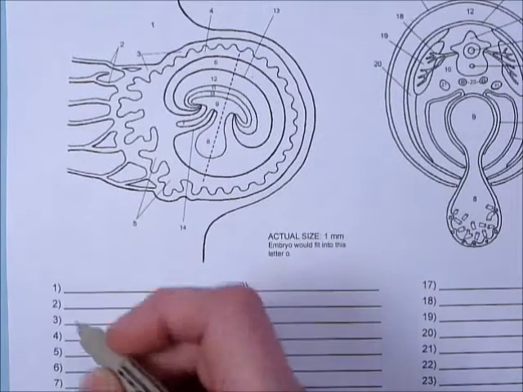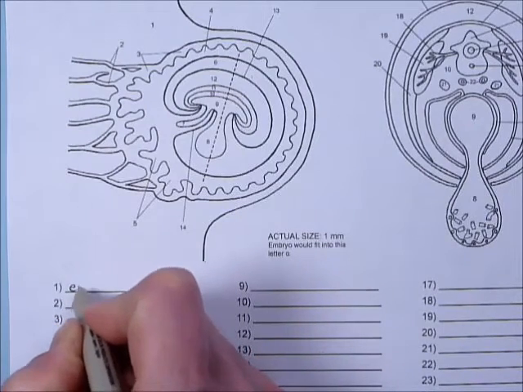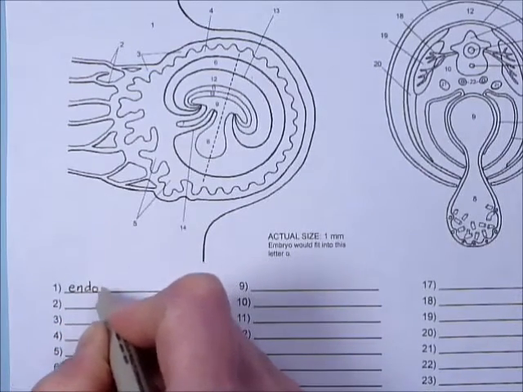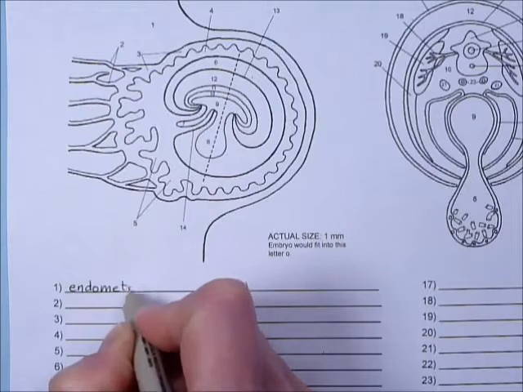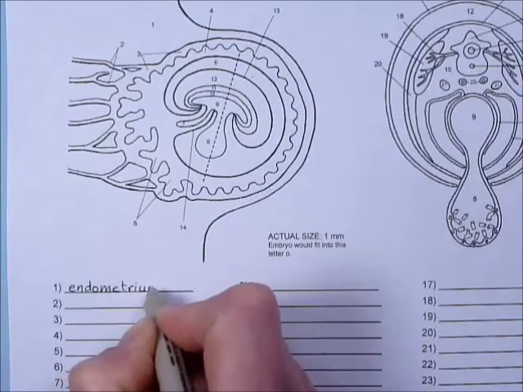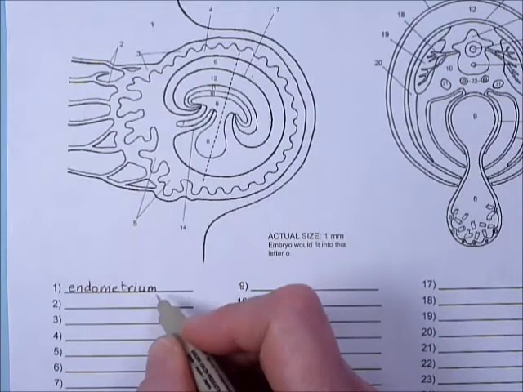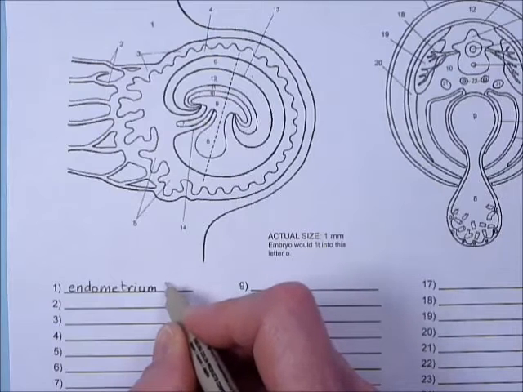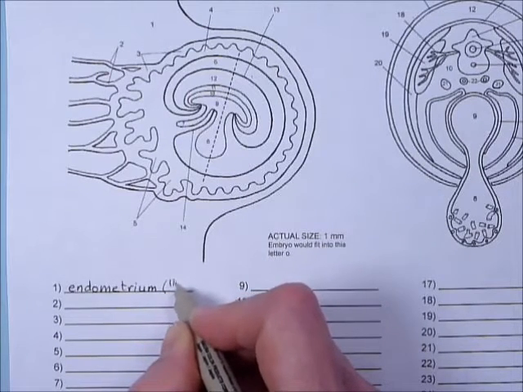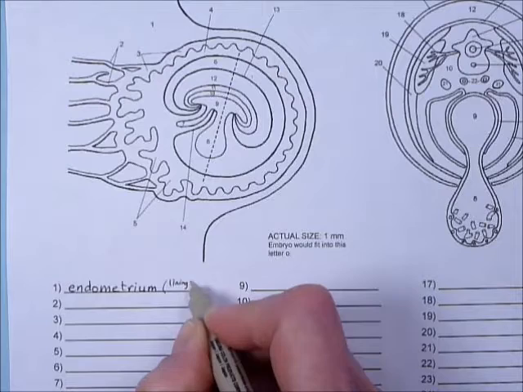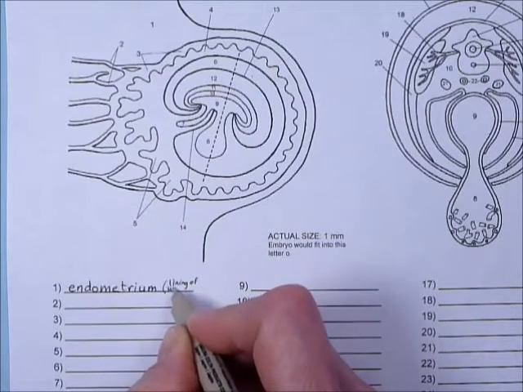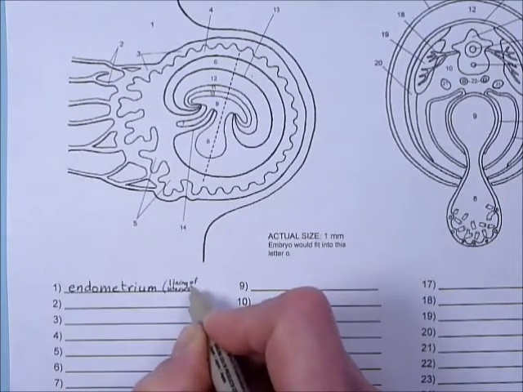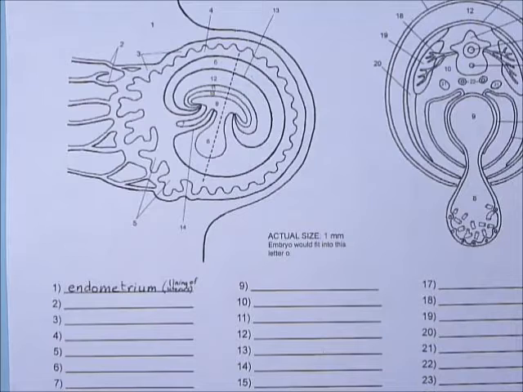So on line 1, let's write endometrium. If you can't remember the word endometrium, you might want to add in parentheses lining of uterus. But if you have that word down and you know what it means, then you don't need the extra note.